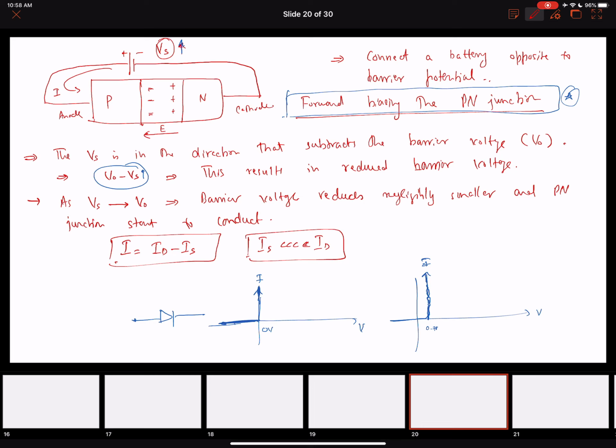Or if we bias the PN junction opposite to the barrier potential, then these voltages will essentially subtract out. So as we increase Vs, the barrier voltage reduces. Once it reaches the level of the barrier voltage, the depletion region becomes much smaller and conduction will start to occur, where the total current will be ID minus IS.